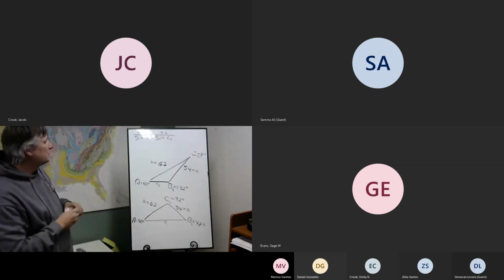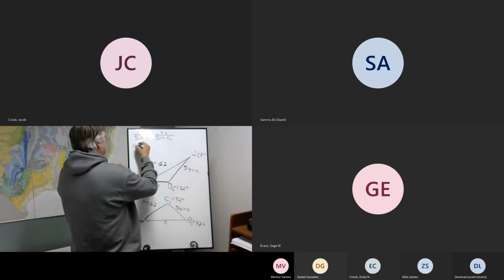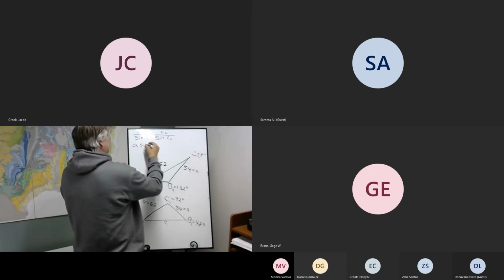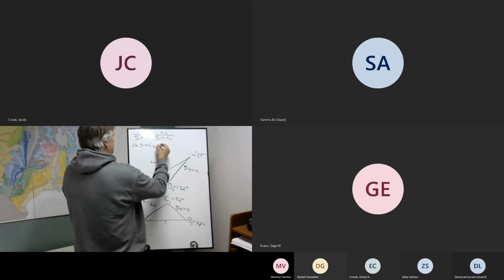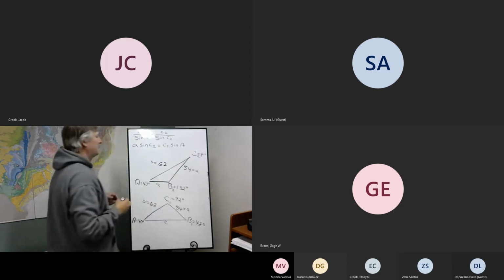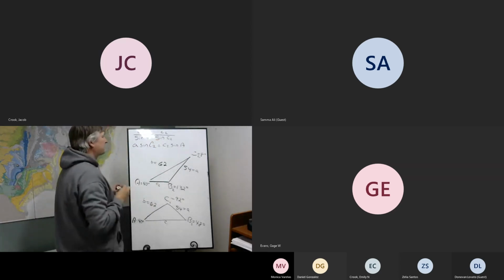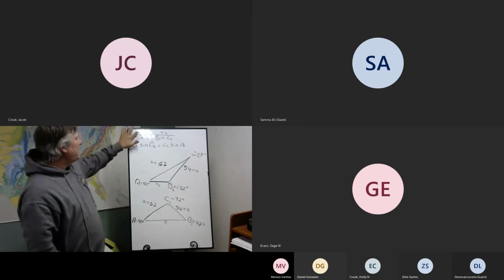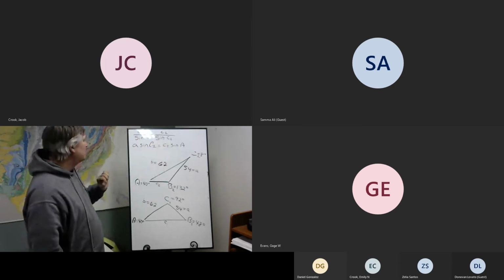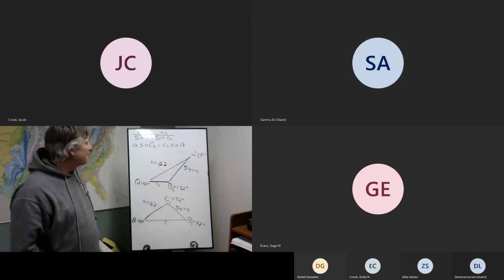Again, we'll cross multiply, and we'll do it this way as well, without putting in the numbers just yet. So this is the angle. A sine C2 equals C2 sine A.